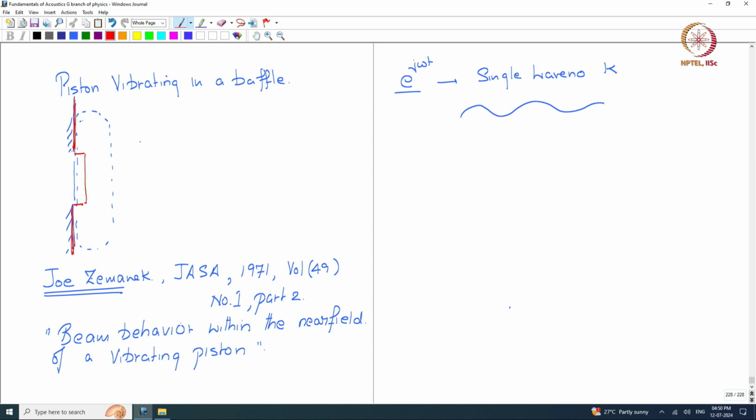So if you say that a single wave number should give this behavior, it is not possible. It is not possible for a single wave number to give you this sudden jump, and therefore in the near field many wave numbers are generated.